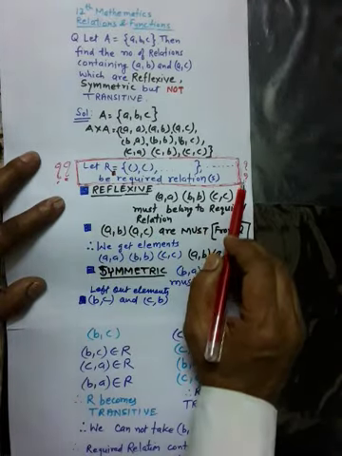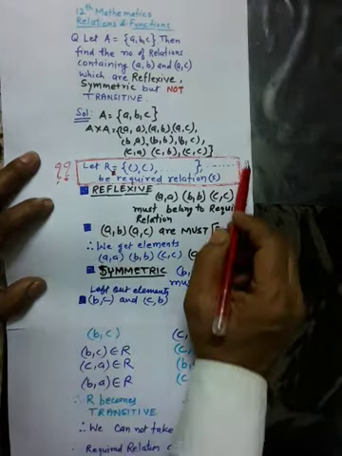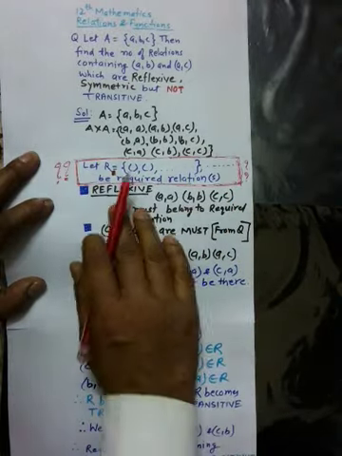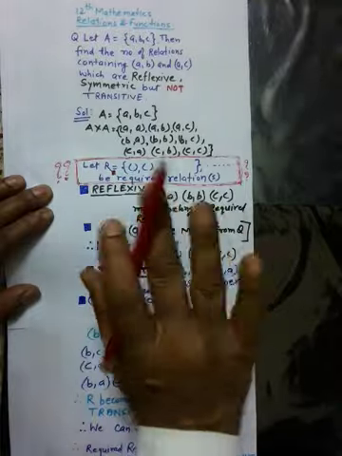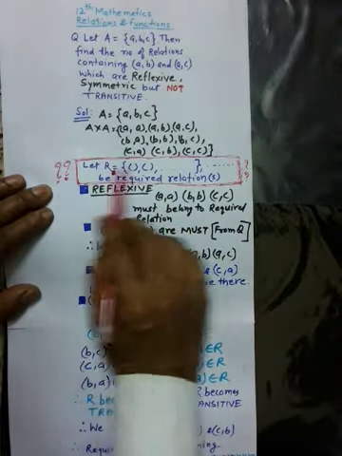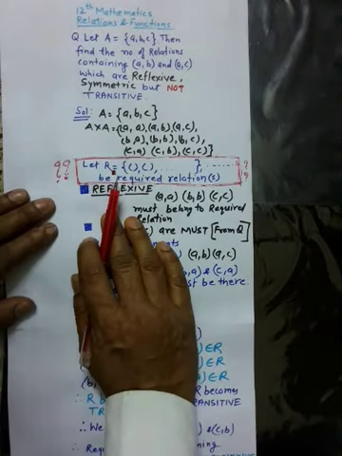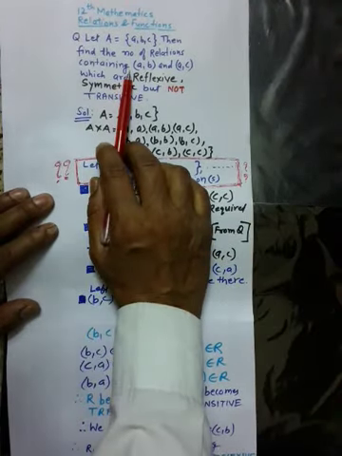So we can put a question mark here. This is the number of relations box. How many relations are there, we are not sure at present. So this is a question mark here and R can be here. So let us see as per the question.